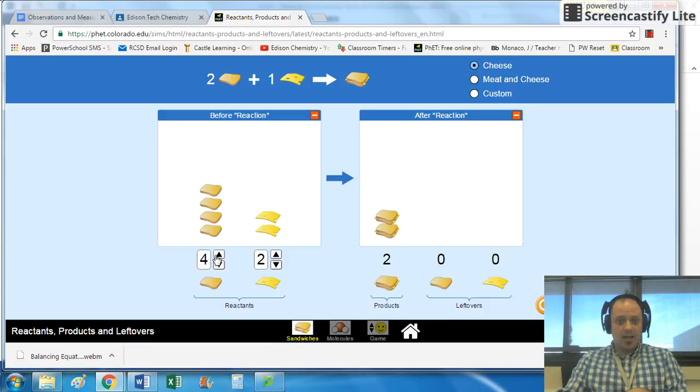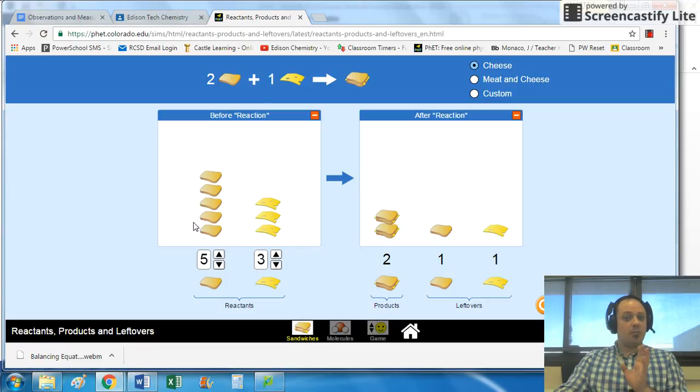And if you look at the coefficients here, 4, 2, 2, we've just doubled what the basic reaction was, 2, 1, 1. So a balanced equation can be used, but if I have more reactants than I'm able to use, they're going to remain unreacted.